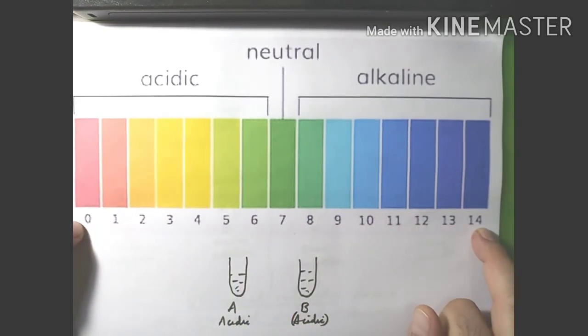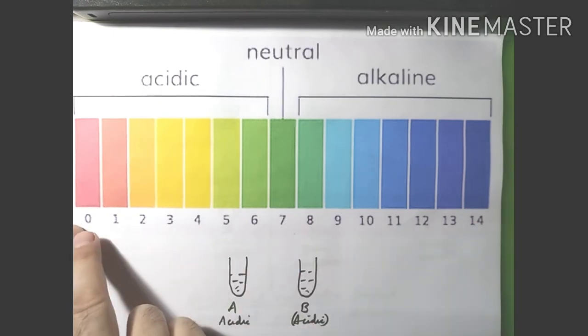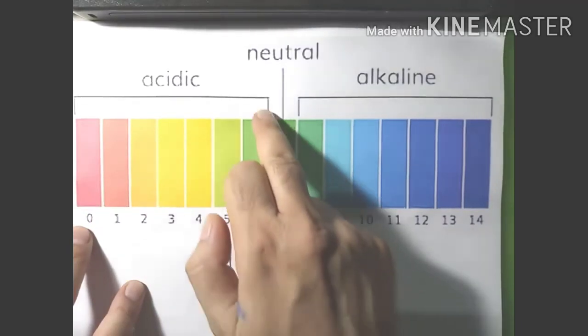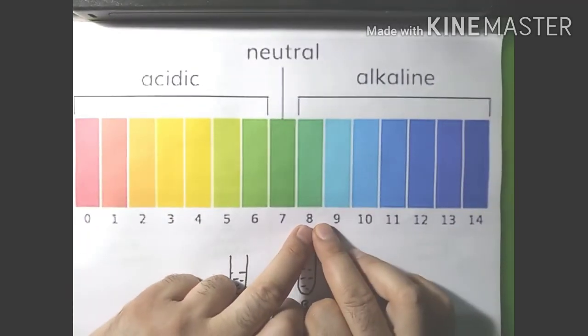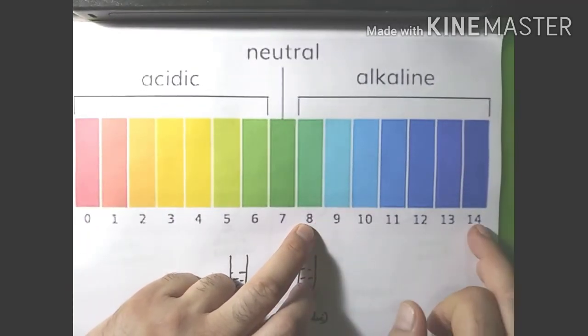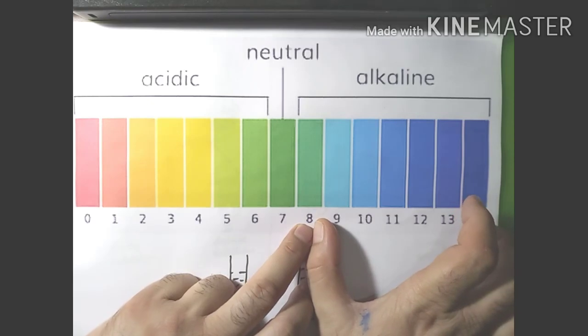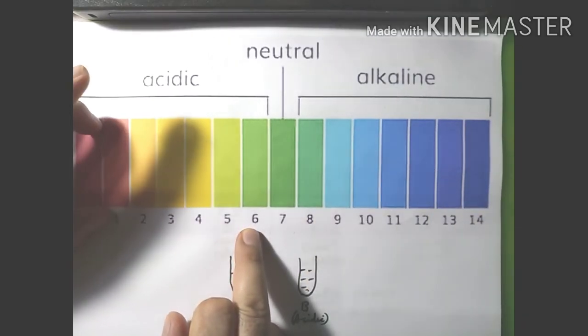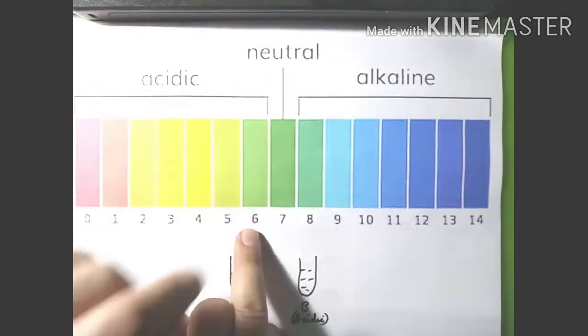On the pH scale, I have already explained, from 0 to 6 pH all these solutions are called acidic solutions, and all those solutions which have the pH range from 8 to 14 are called basic solutions. As we move from 0 to 6, the acidic strength of the solution decreases.